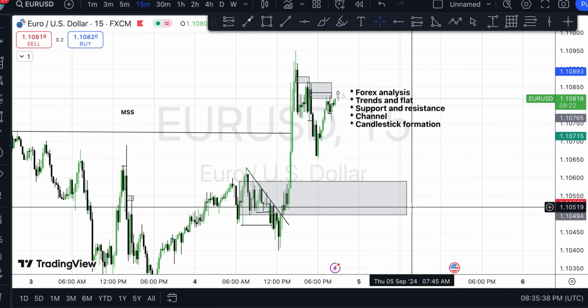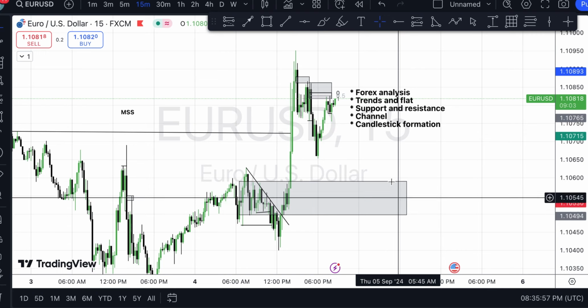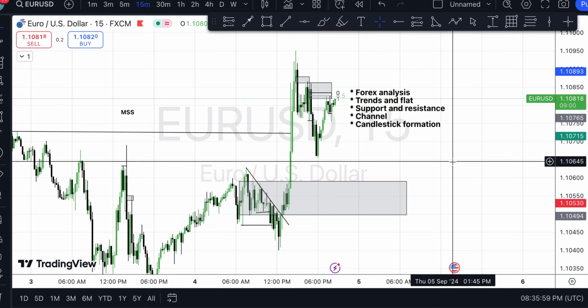So let's look at what is support. Support is a price level at which a currency pair has historically had difficulty falling below. It is like the floor that prevents price from dropping further.